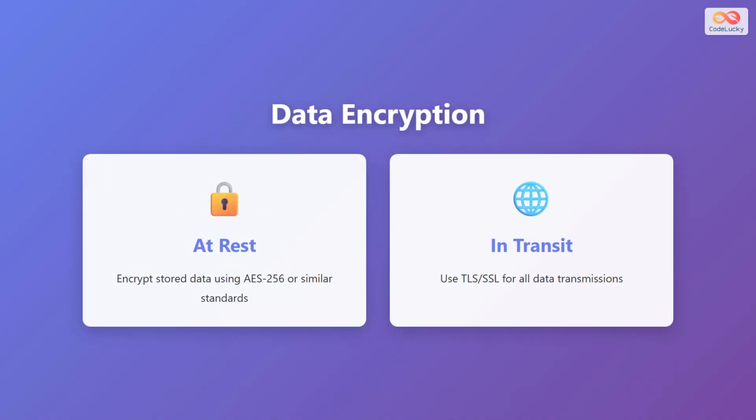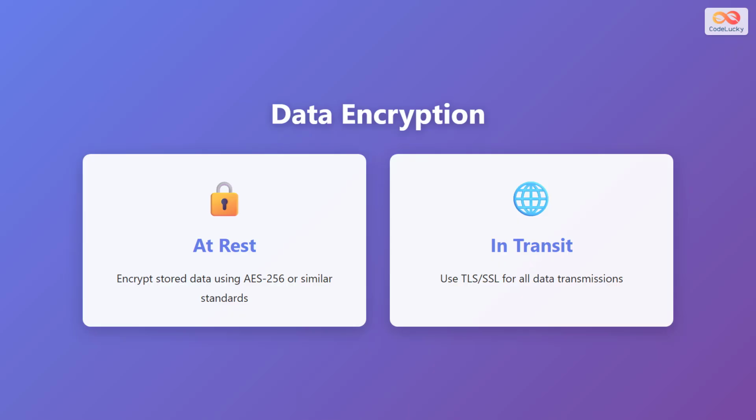Data encryption is your shield against unauthorized access to sensitive information. There are two critical types of encryption you must implement. First is encryption at rest, which protects data while it's stored in databases, file systems, or storage services. Use strong encryption standards like AES-256 to ensure your stored data remains secure even if physical storage is compromised.